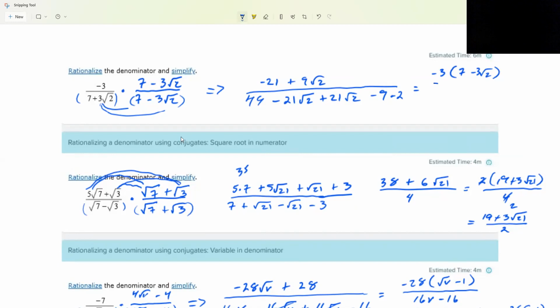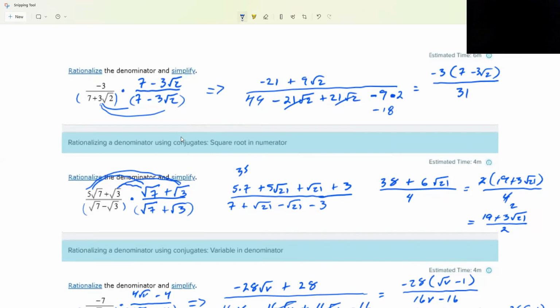And then in the bottom here, remember these two guys cancel each other out. And remember, this is -9 times 2, so that's going to be -18. So 49 minus 18 is going to be 31. And I can't reduce that, so I just leave it.